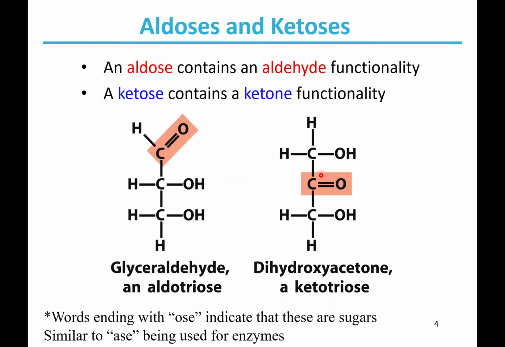Dihydroxyacetone, when the carbonyl group is in an interior carbon, that forms a ketone functional group, and so we call this a ketose, right? So aldo and keto stand for aldehyde and ketone, and the ose means it's a sugar. Okay. We can also go a little bit further and say glyceraldehyde is an aldotriose. That means it's a 3-carbon long sugar. Okay, and likewise, dihydroxyacetone is a ketotriose. Right, it's a ketose with 3 carbons.